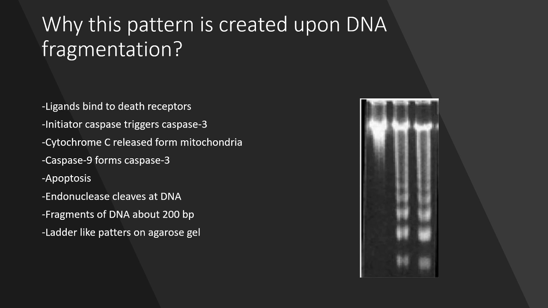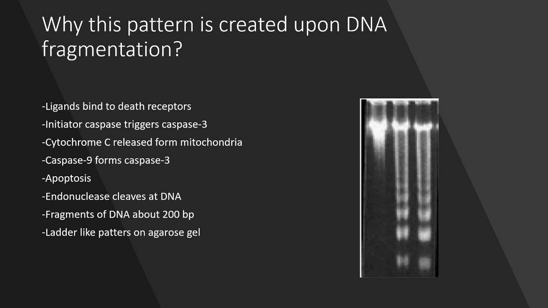During apoptosis, nucleus fragmentation occurs. This happens when endonuclease enzymes, which are enzymes that cleave DNA, cleave at the linker DNA region between two of the nucleosomes. This produces DNA fragments that are about 200 base pairs.